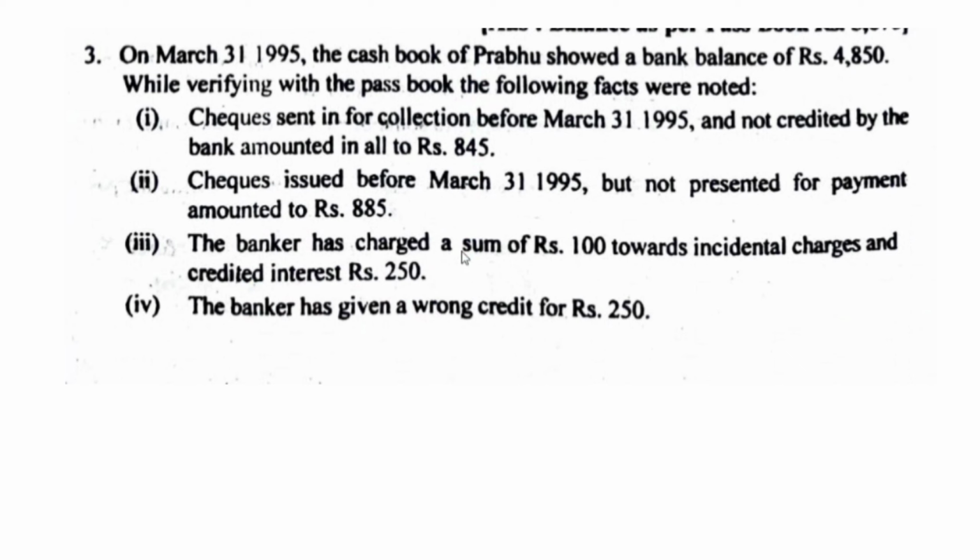So check issued means we are paying someone. Therefore, the accountant goes and records this on the payment side of the cash book. So if we record anything on the payment side of the cash book, the cash balance decreases. Since the cash balance is decreasing, we record this transaction in the add category of the bank reconciliation statement.